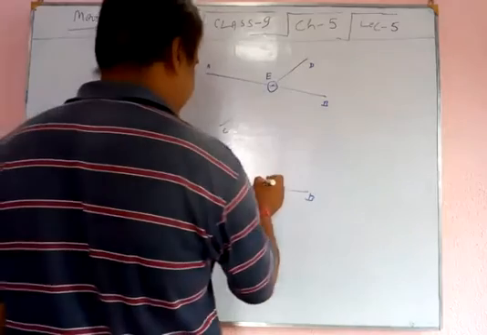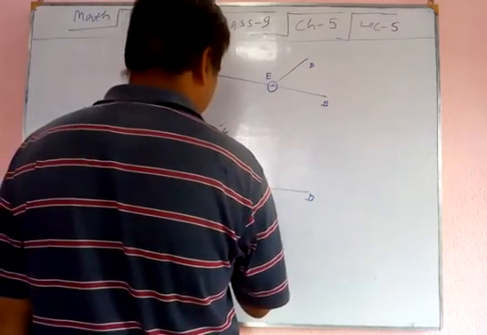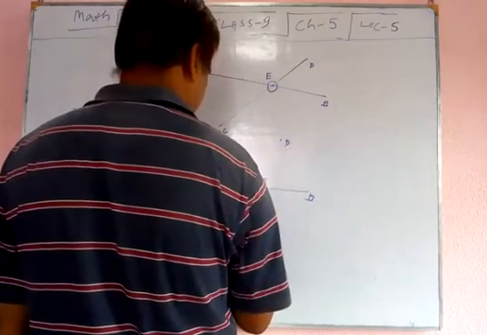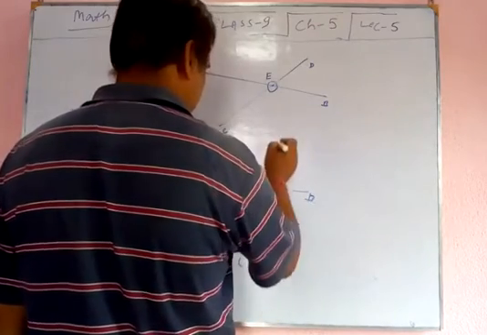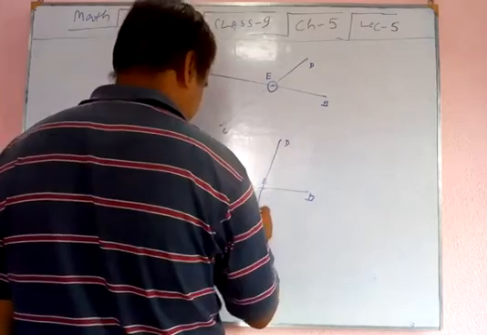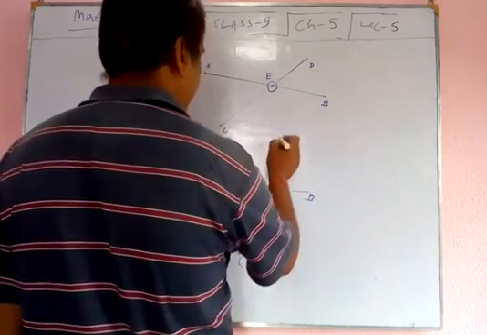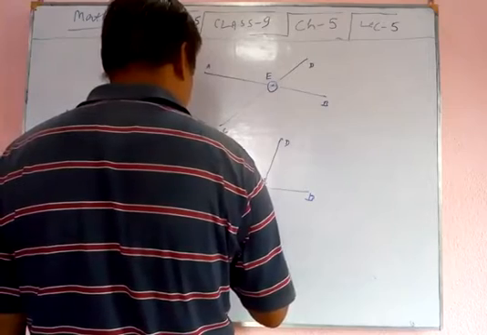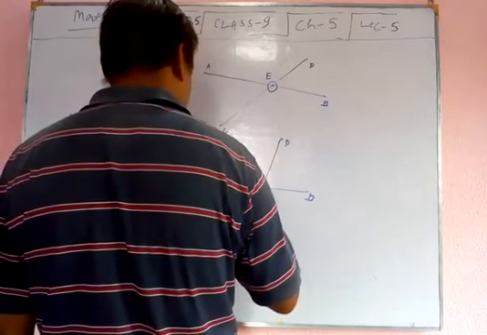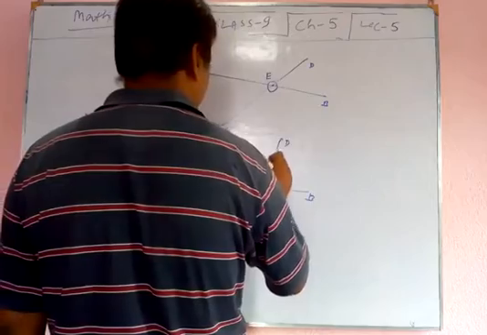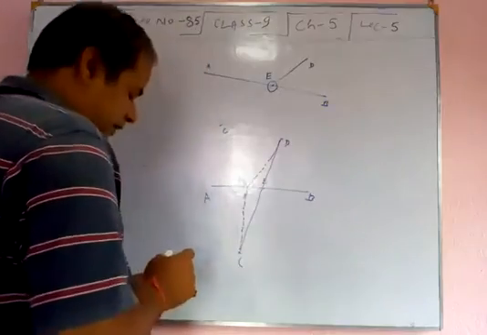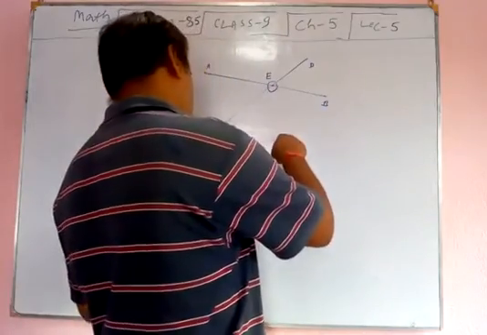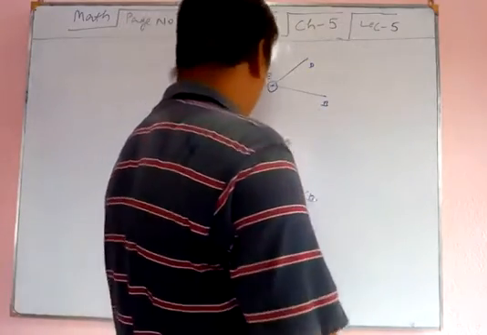Suppose here it is E and here it is F, and here D and C. We suppose that this line CD is passing through one more point F, but we have an axiom that from two points only one line can be drawn.